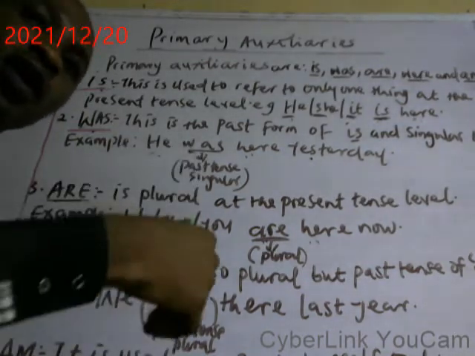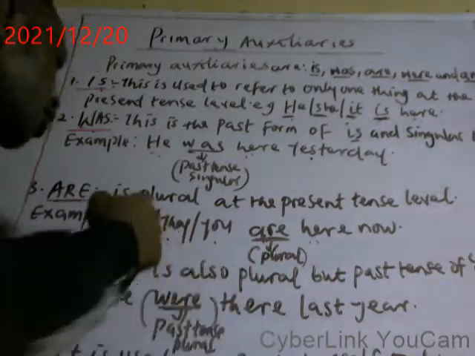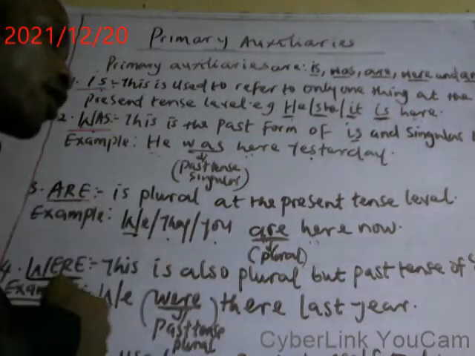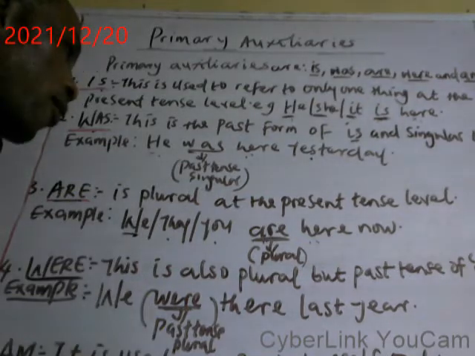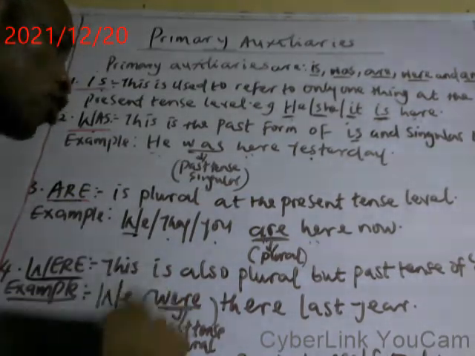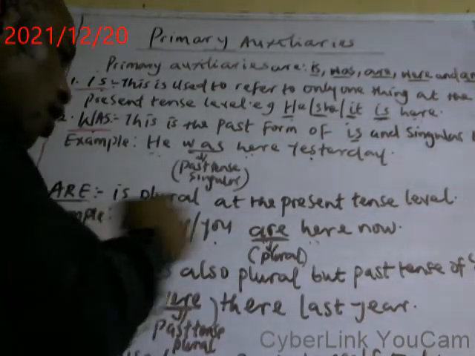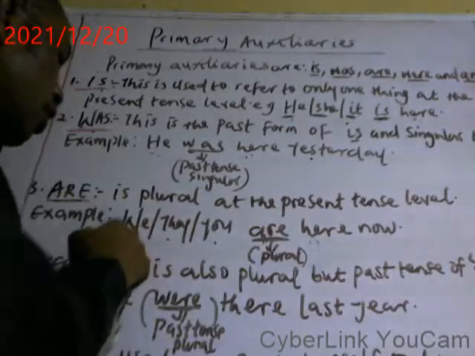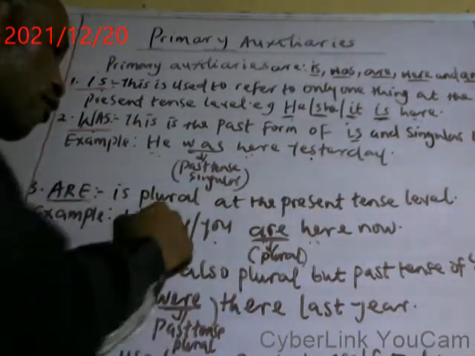One, you as the speaker, when you are involved in the subject, that is when we can use "we". Let's assume that I'm involved in the statement now. I'm part of the people that were somewhere yesterday. I can now say we were here yesterday. Plural subject, plural primary auxiliary verb.